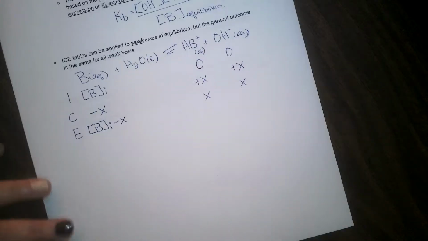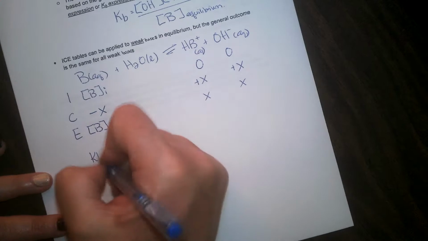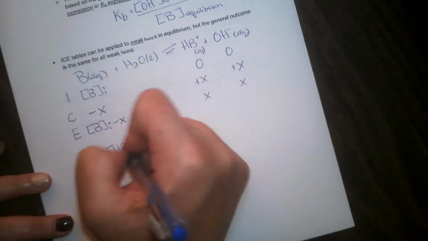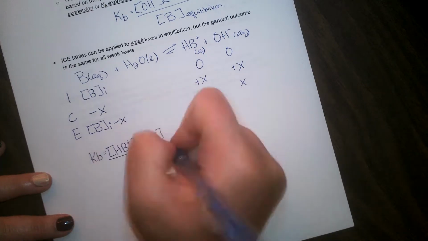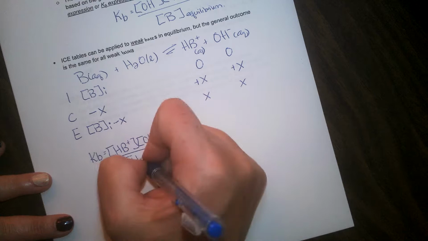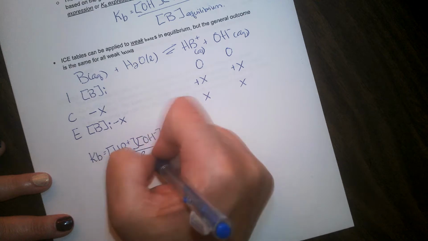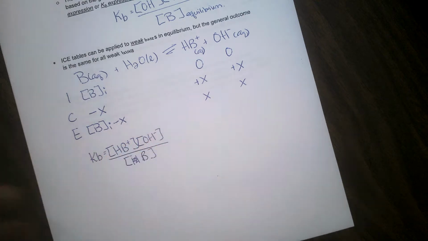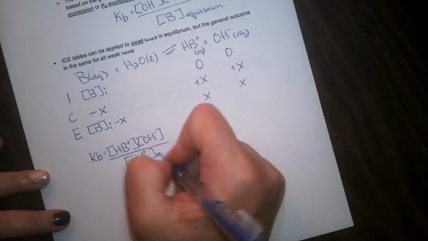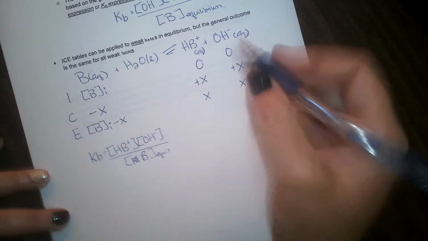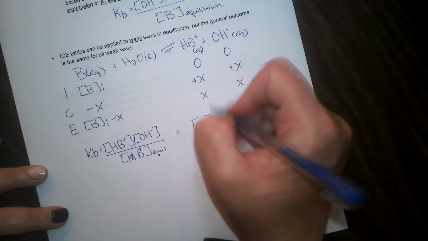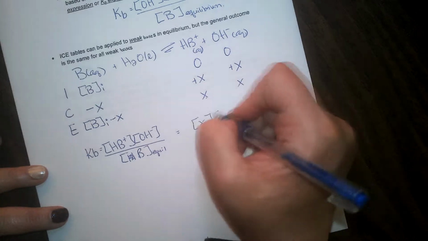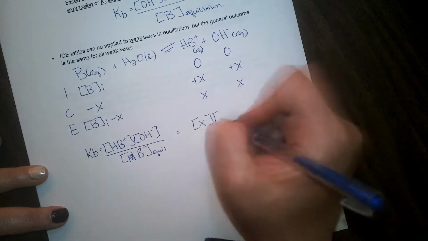So if I had to find my Kb expression, which was HB plus OH negative all over B, right? That was what we said at equilibrium. Then what it looks like is I have X concentration at equilibrium. I have X concentration at equilibrium.